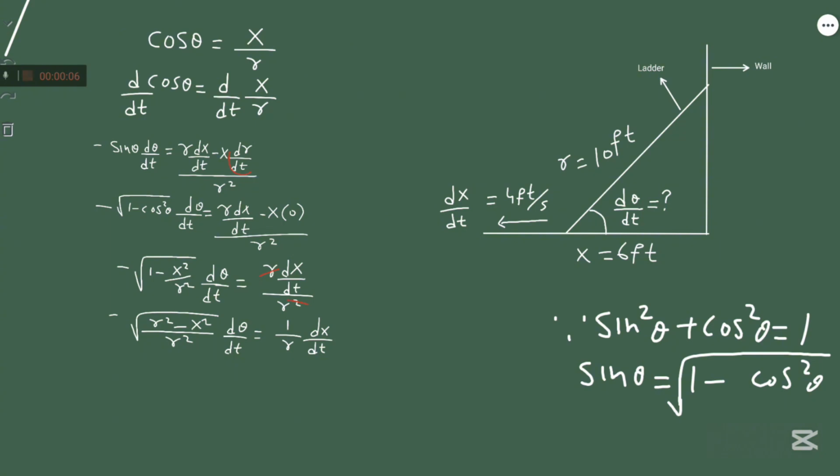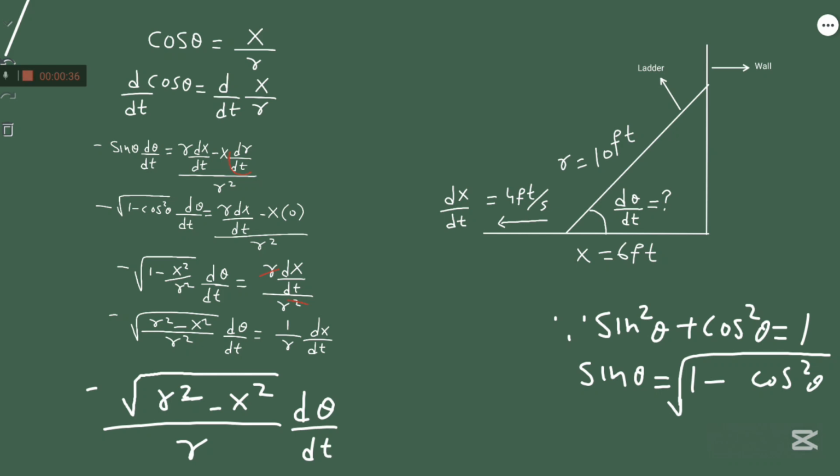Further we can write here minus, and then the square root of r square minus x square over r, d theta by dt, and the right side we can simplify further, 1 over r into dx by dt.